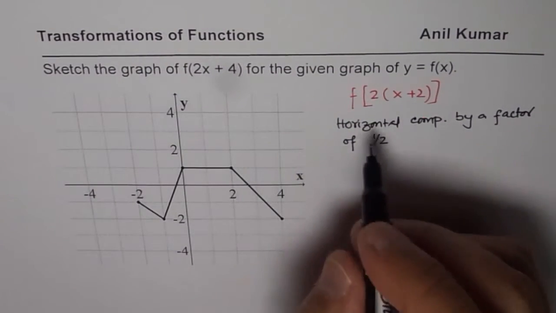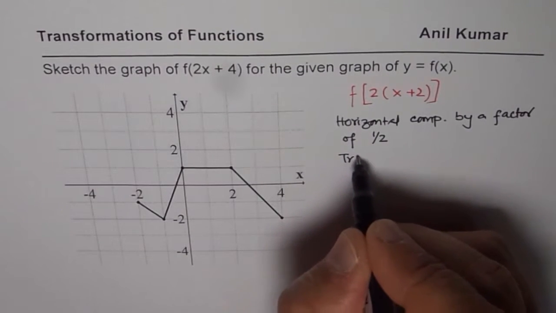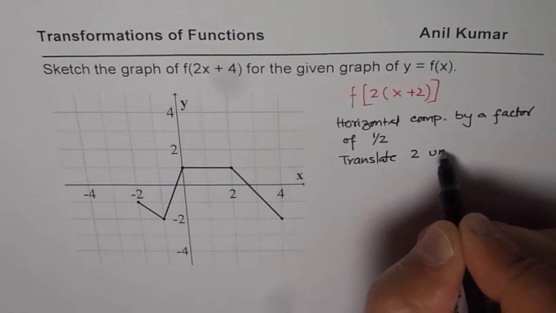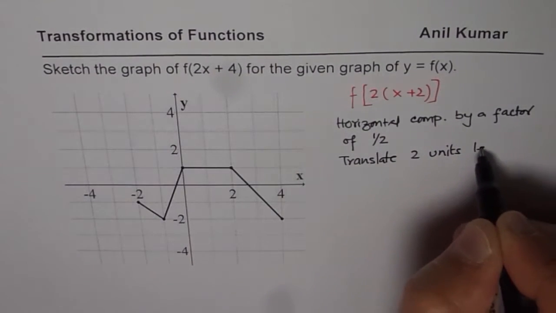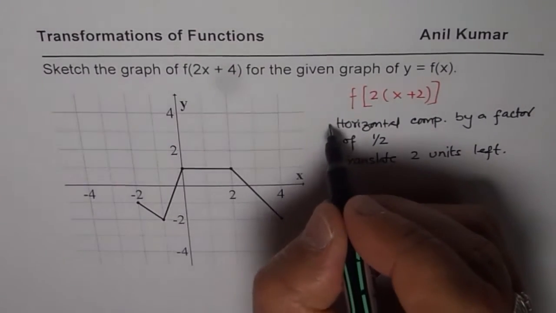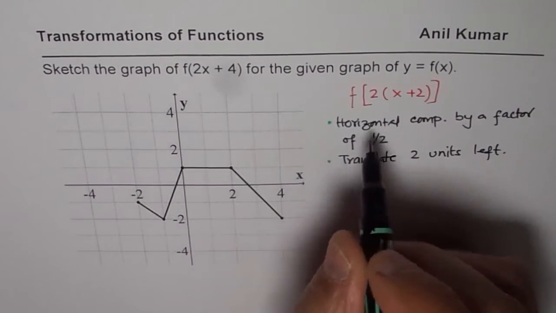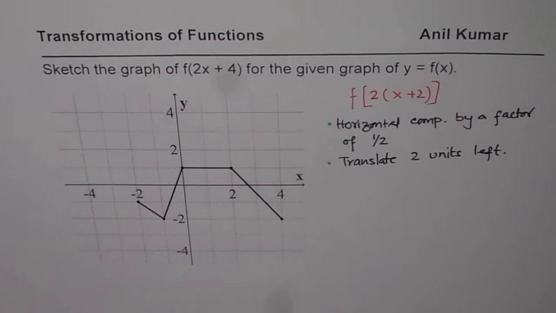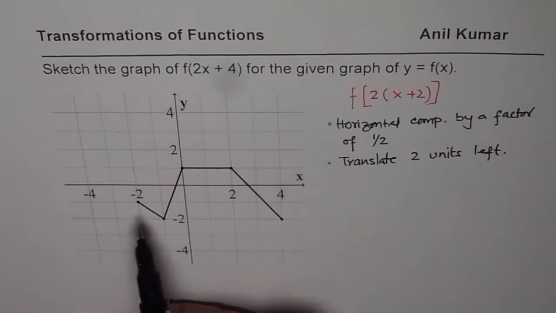The second one is translate 2 units left. So these are the two transformations which will take place, right? We can do this both by finding the coordinates of image points, or we could do it using the graphical method directly. Let me show you how we can do it graphically.